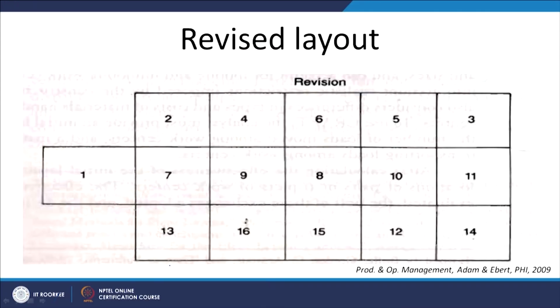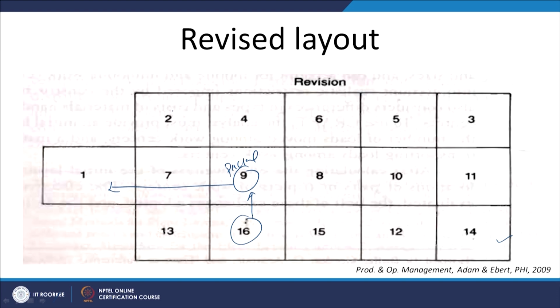In the revised layout, the center 9, the packing area, has been brought close to the shipping area 1, and center 16, which was located at the corner, has now been brought close to the packing area 9.